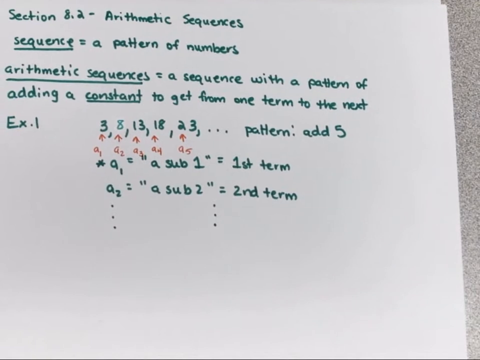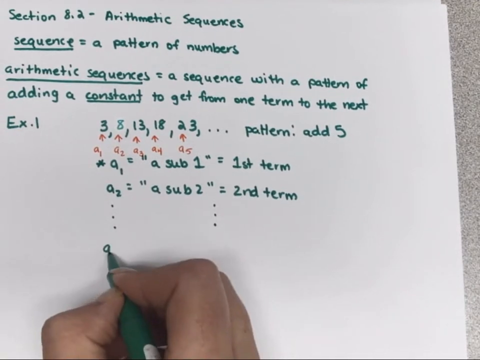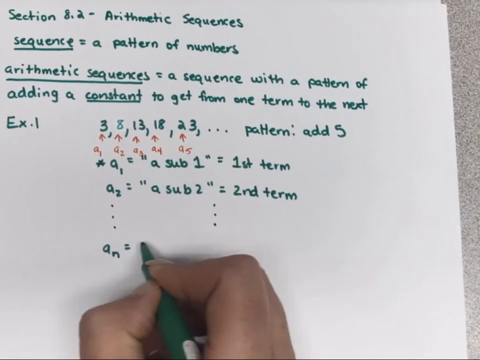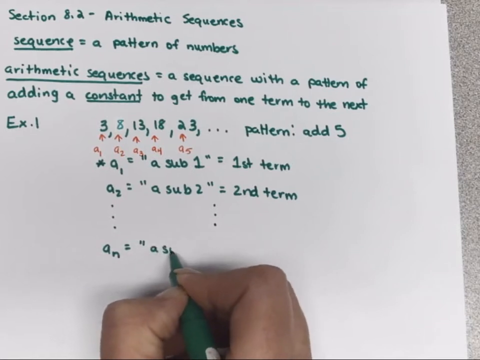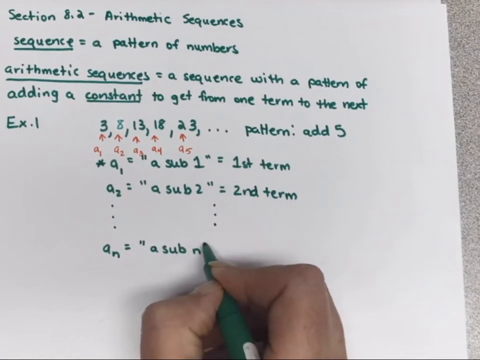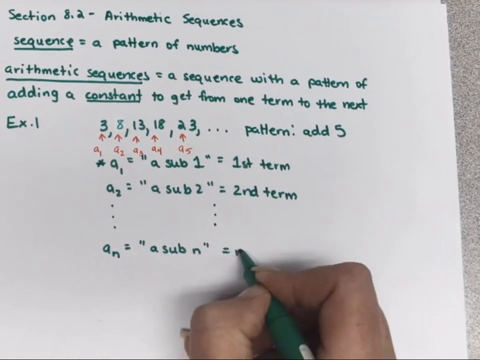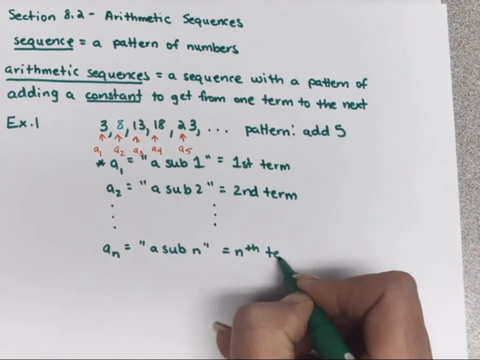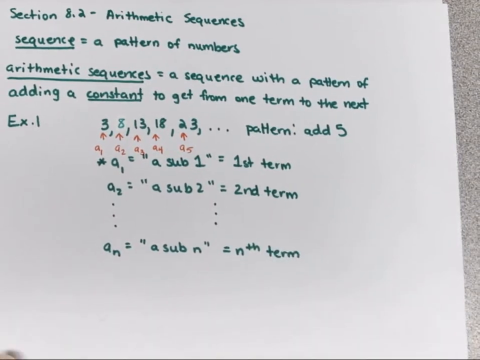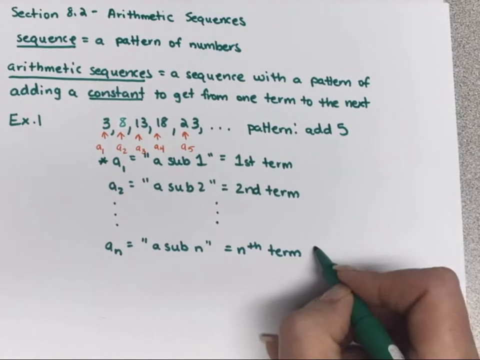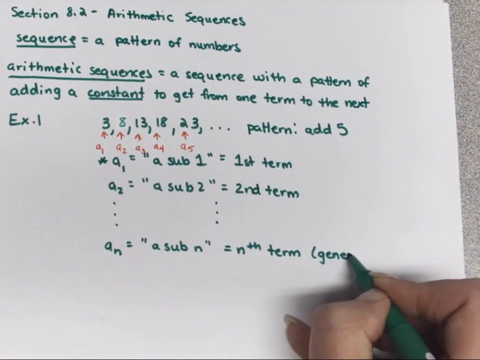Okay, so you're going to go as far as you need to, and then generally we're going to stop at some number. So maybe it's the 100th term, maybe it's the 50th term, but we usually call the general term the nth term. Just know that n could be any number.